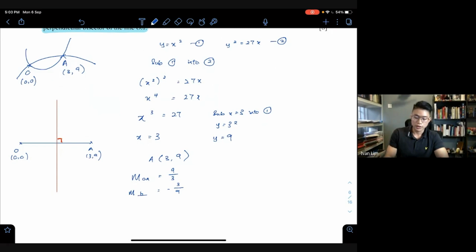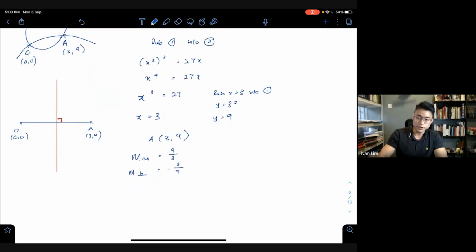So the perpendicular bisector's gradient will be -3 over 9. Okay, so we got the gradient ready. Now we need the midpoint. Midpoint will be 3 plus 0 over 2, and then 9 plus 0 over 2. So 3 over 2 and 9 over 2. Or you can write it as 1.5 and 4.5.